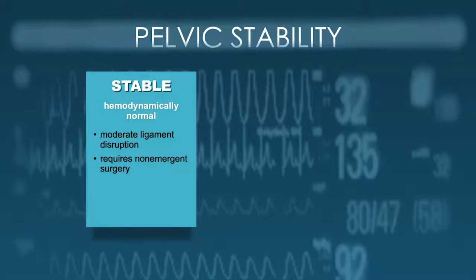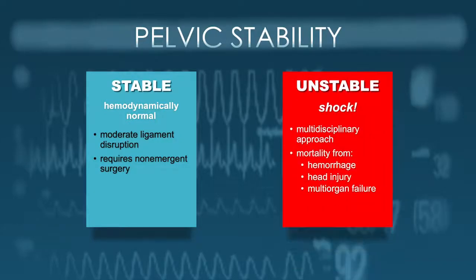We have stable injuries where the patient presents with moderate ligament disruption, requires non-emergent surgery, and that's in contrast to the unstable situation where the patient can present in shock, which really requires a huge multidisciplinary approach where we have to try to keep these patients from bleeding out, looking at their head injuries, risks of multi-organ failure.